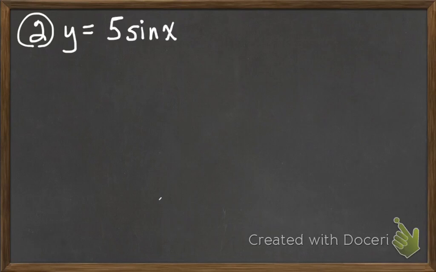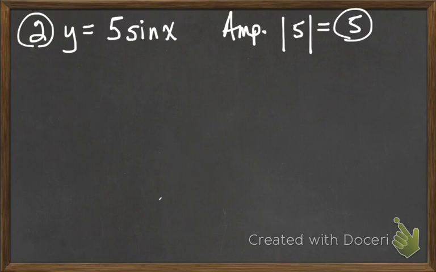Alright, so the first thing they want to know is what the amplitude is of this sine graph. That's the distance of how high it's going to go and how low it's going to go from the x-axis. So that's pretty easy to find. Amplitude is the absolute value of the number out in front. It's the number being multiplied times your sine. You can probably do that in your head. So the absolute value of 5 would be 5.